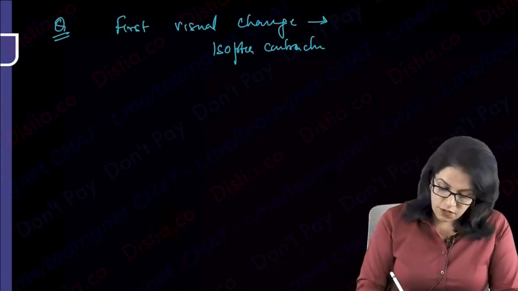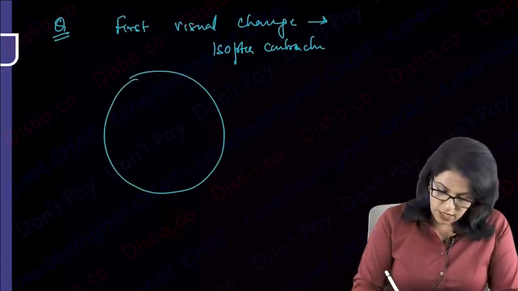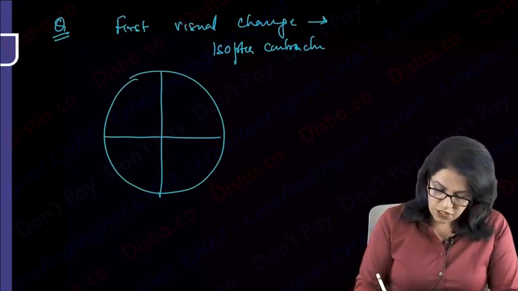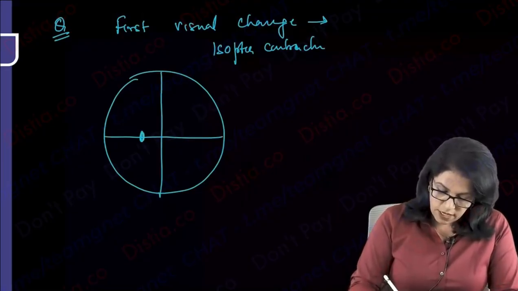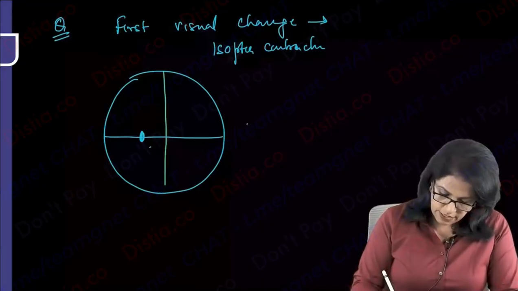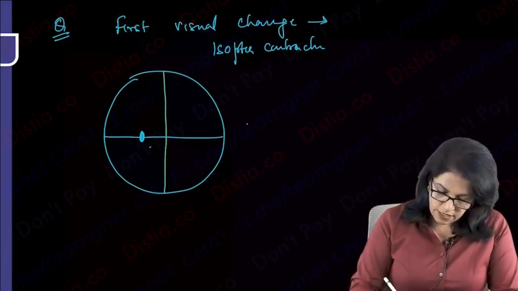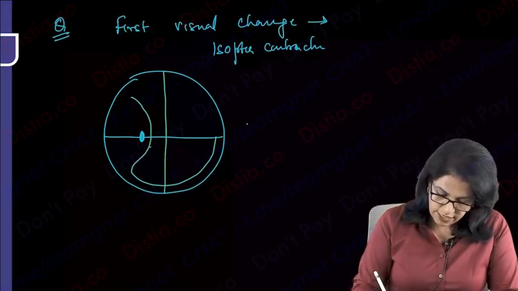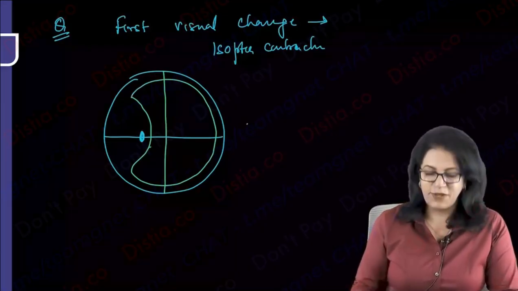So here, if I draw it for you to explain, if this was the whole visual field chart and this is your blind spot, the extent of this field is isopter contraction, and because it does not include the blind spot, it is something drawn like this. You can draw it on your own.